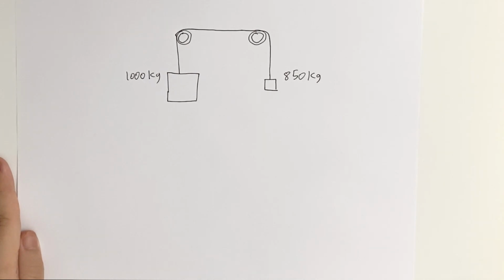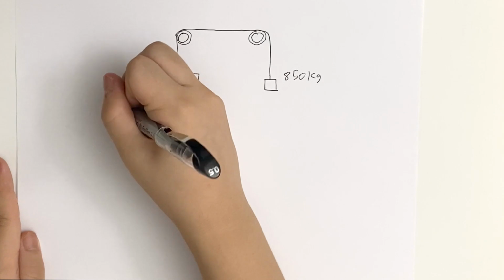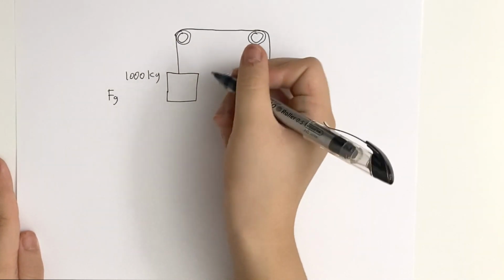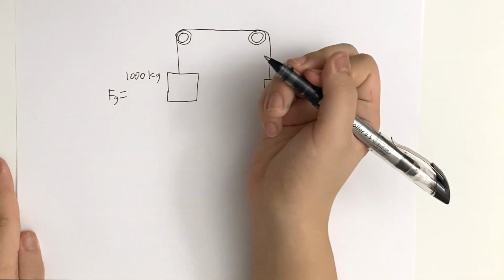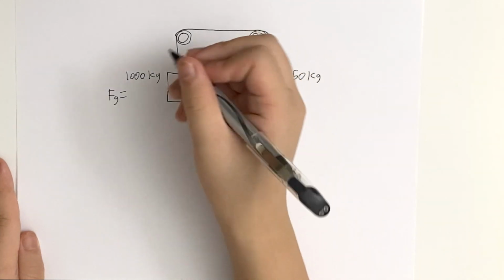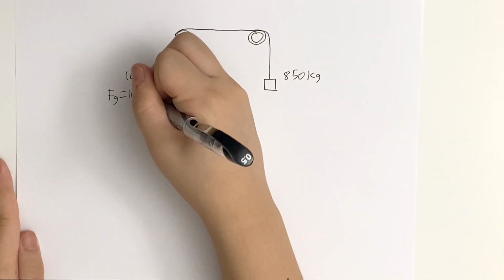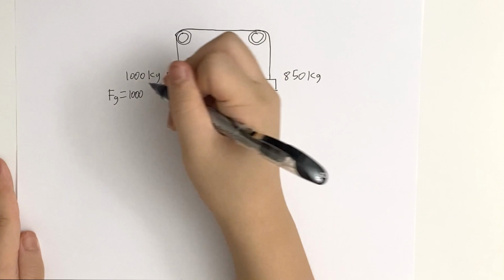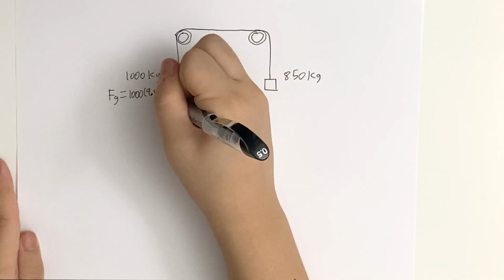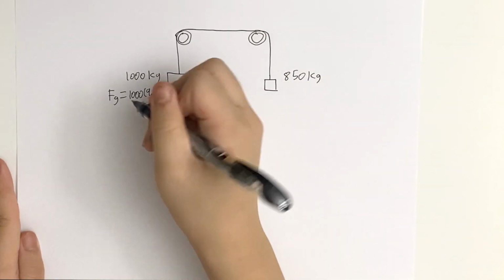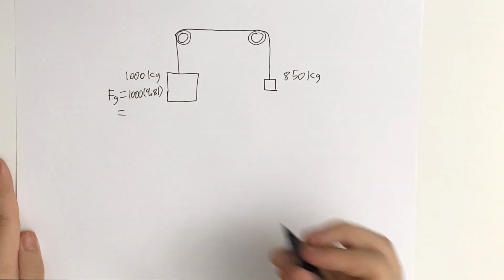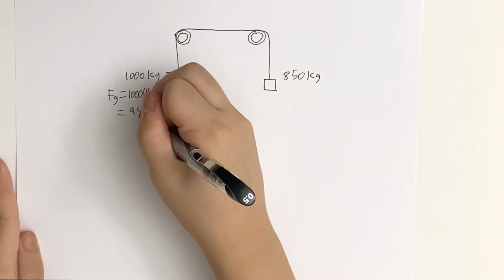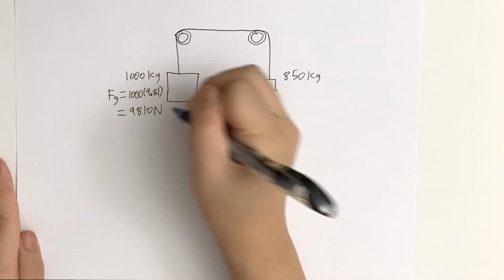Let's start by looking at the force of gravity for both of these rocks. The force of gravity, Fg, acting on this big rock will be its mass times the acceleration of gravity. So we know the mass is 1,000 and gravity is 9.81. So the force of gravity will be 9,810 newtons.